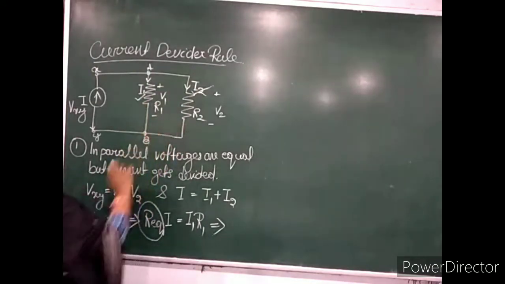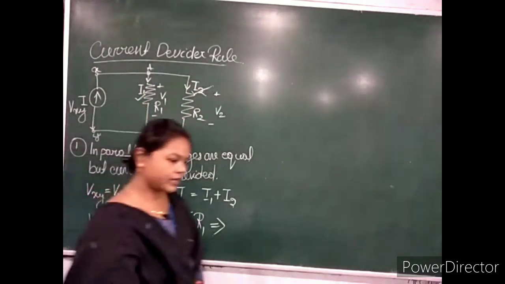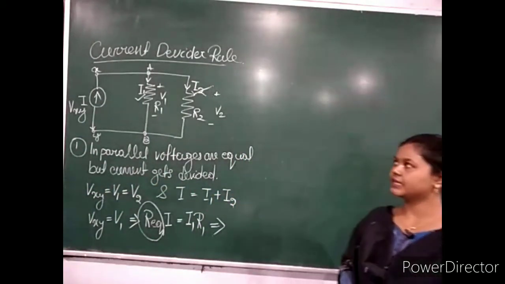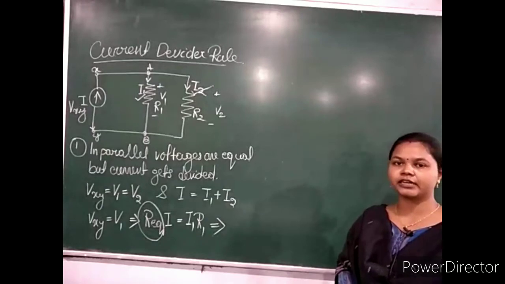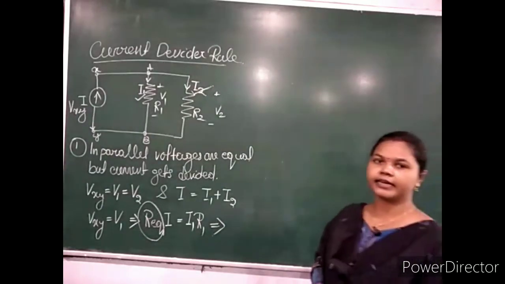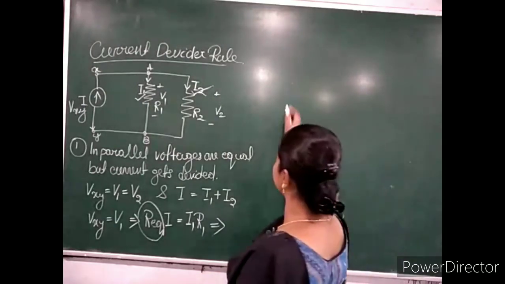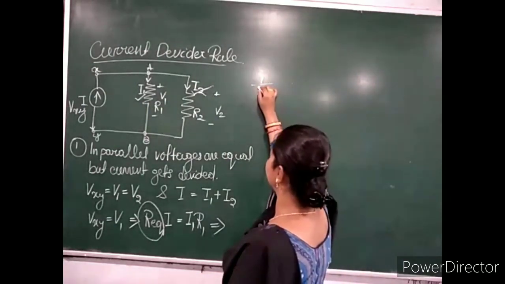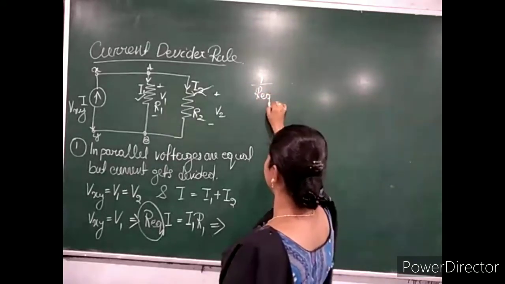Here R1 and R2 are parallel to each other. In your first year Basic Electrical Engineering subject you have already studied that if two resistors are connected in parallel, then conductances are added, or reciprocals of resistances are added.